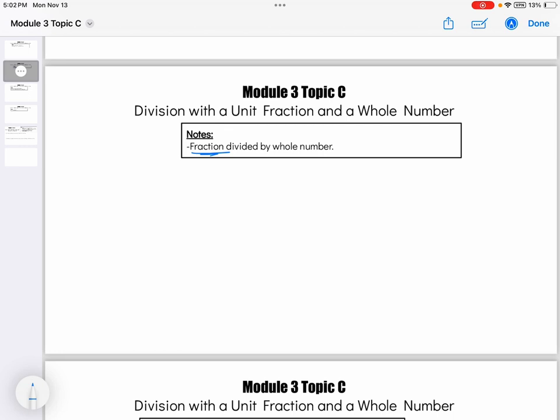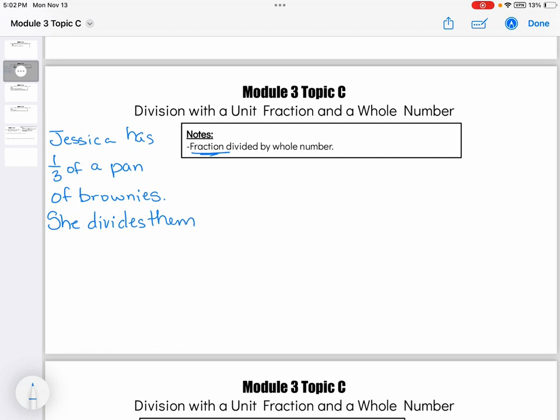So let's say our problem is Jessica has 1/3 of a pan of brownies. And she divides them equally among 6 bags.